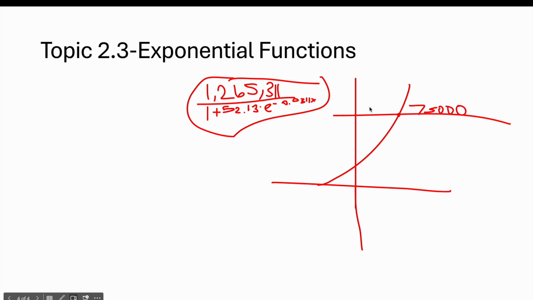Then you identify it with this x value, and you add it to whatever date this is. Like I was saying, 1921. Let's say 23. Then you could say that this was in 1944. And that's it for topic 2.3.